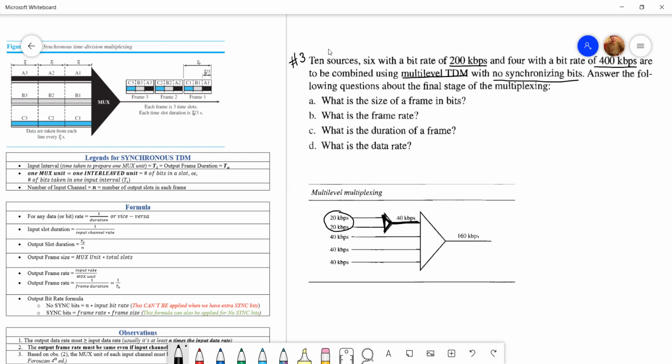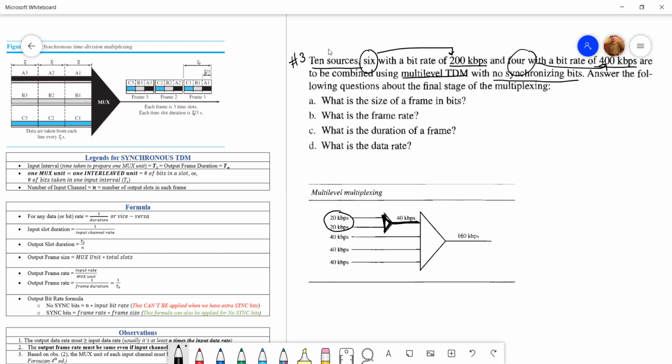Now they are saying that we have 10 sources initially, 6 of them with 200 kbps and 4 with 400 kbps. You would be tempted to break those 400 kbps channels into 200 kbps ones.